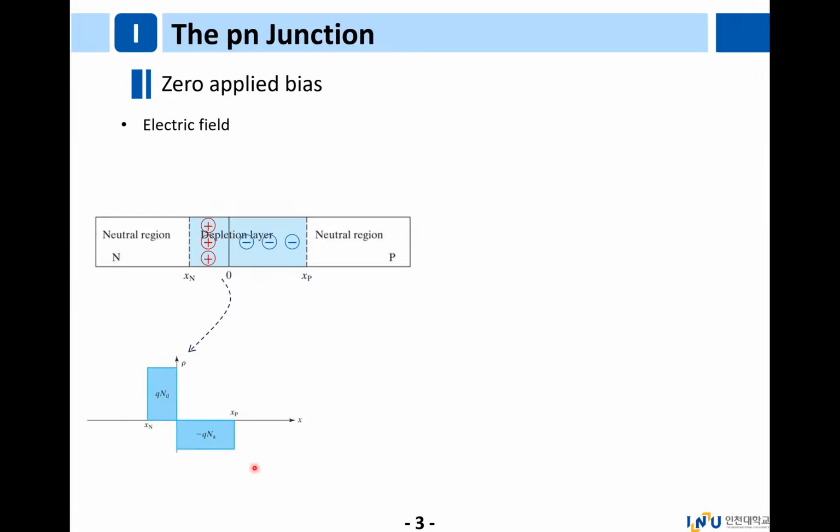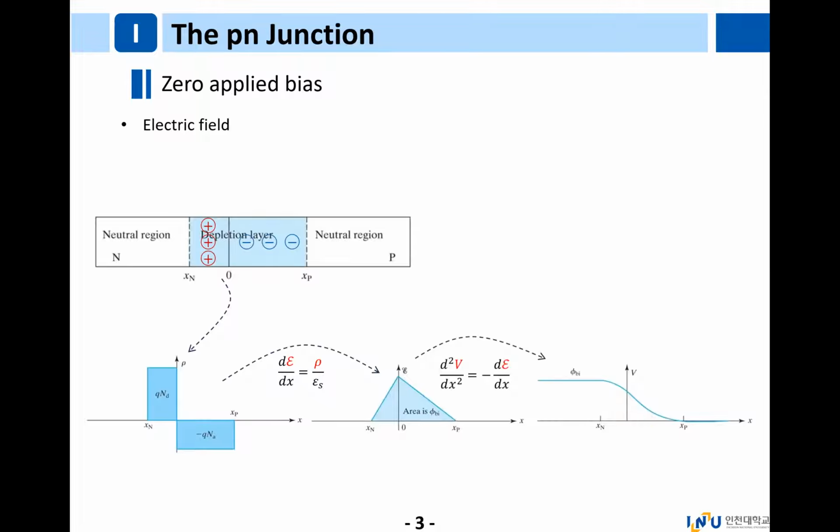Then, just by substituting it into the Poisson equation, we can determine the electric field. And with this electric field, we can naturally determine the potential.